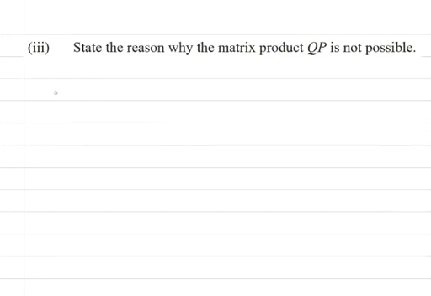Alright, first of all, Q is a 2 by 1 matrix. So Q, which is the matrix AB, has 2 rows and 1 column.